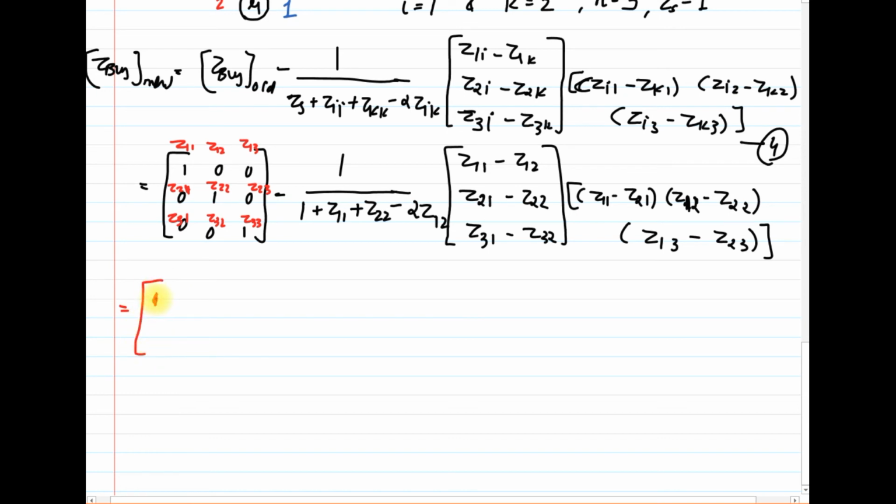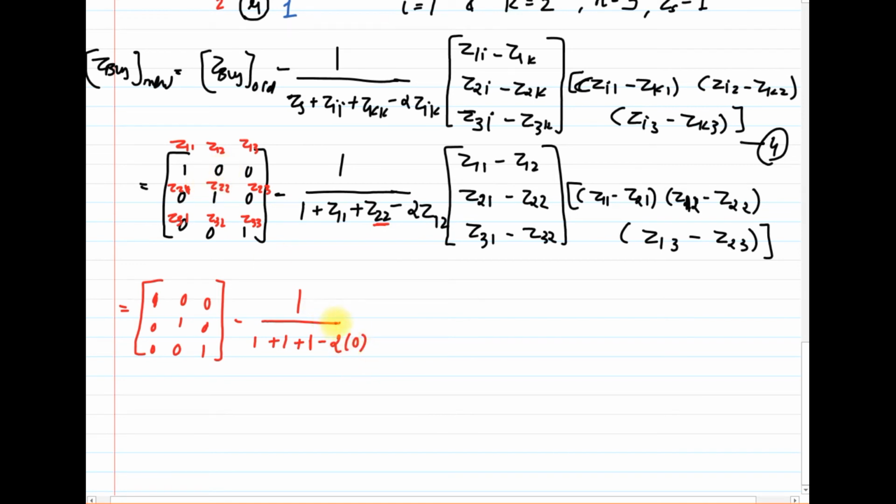Yes, I will write again 1 0 0 0 1 0 0 0 1 minus 1 divided by 1 plus Z11 which is 1 plus Z22 which is 1 minus 2 into Z12 which is 0.